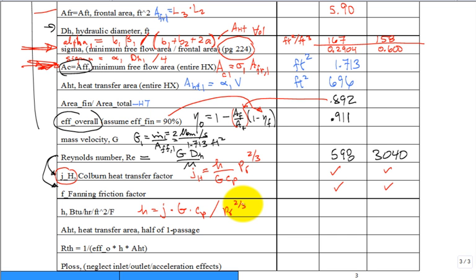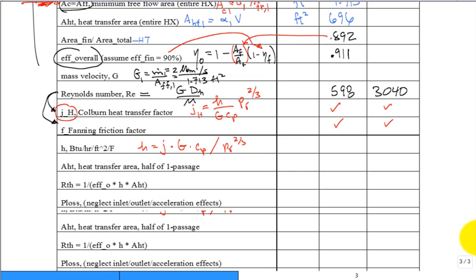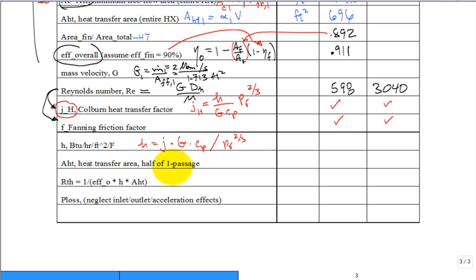I'm running out of time, but we're almost done. How about this? What I do is think about one plate separating half. Here's a fin surface on this side, and then there's a fin surface on that side.